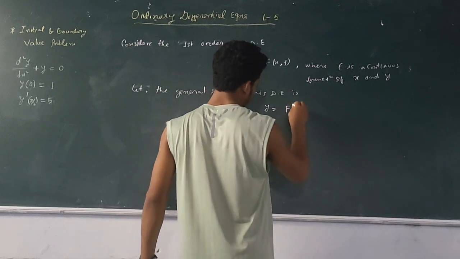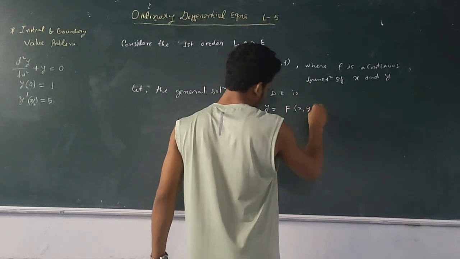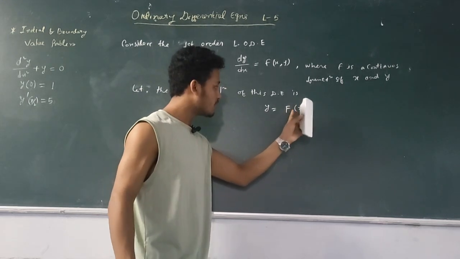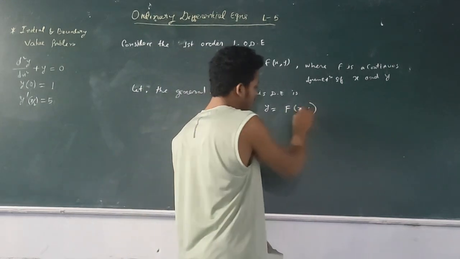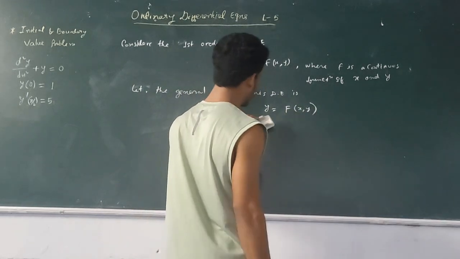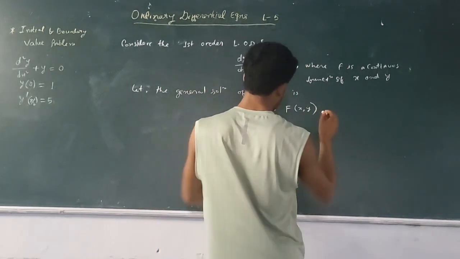So capital F. Solution is a relation. Solution is a function of x and y. So capital F of x and y. That means this is a function. Solution is a function, y is a capital F of x, y.